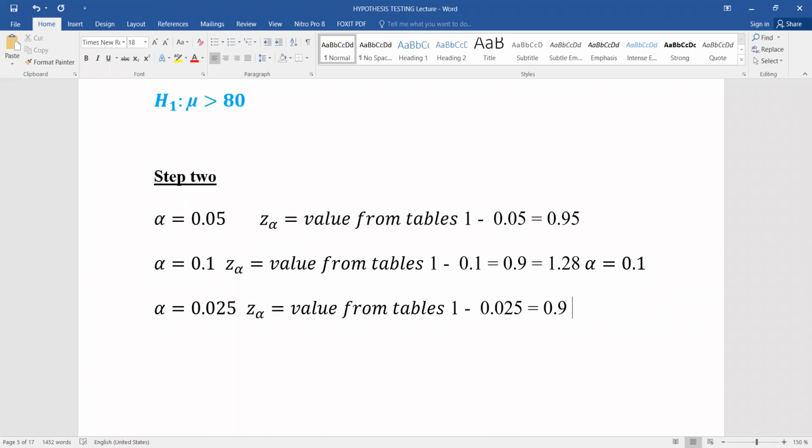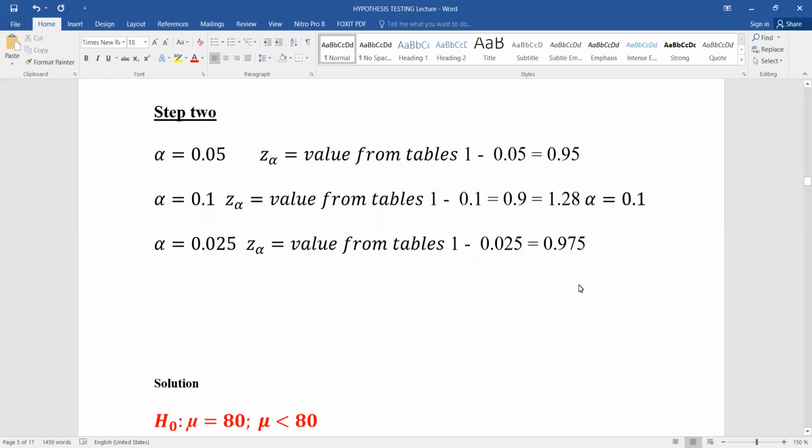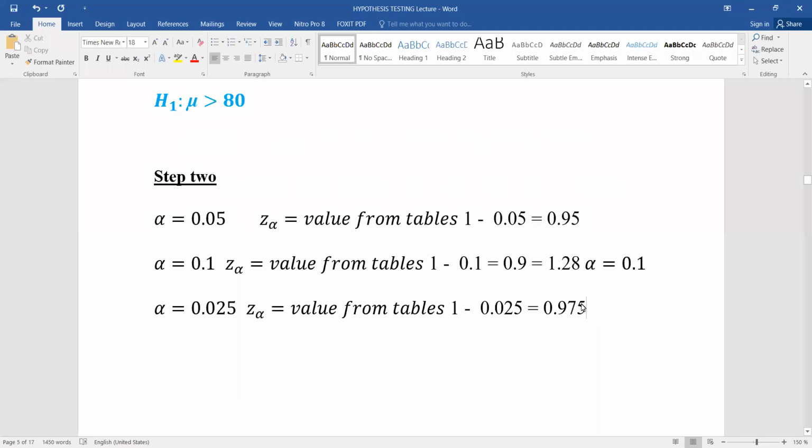What value are we looking for in the table? It is 0.975.